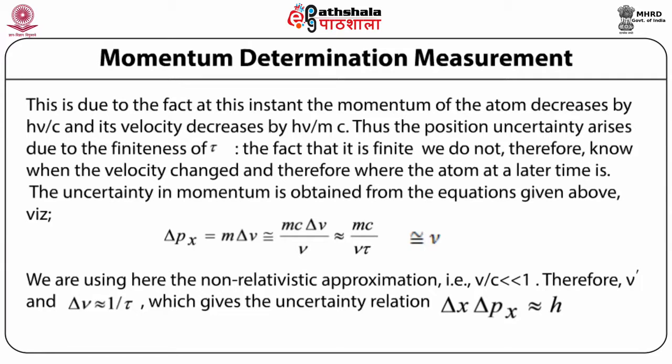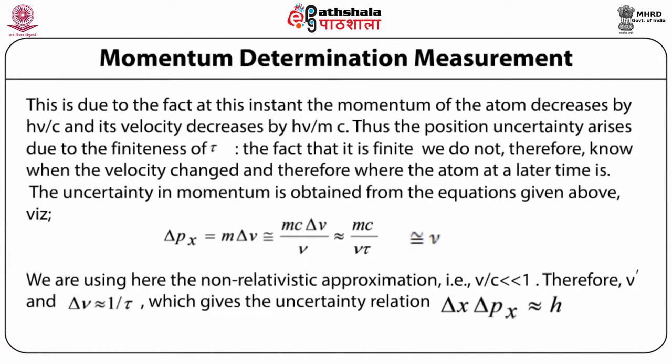What that means is that because there is an uncertainty in measuring the exact instant of time at which the photon was emitted, therefore, we cannot exactly determine the position of the particle. Thus, the fact that tau is finite, we do not therefore know when the velocity changed, and therefore where the atom at a later time is.